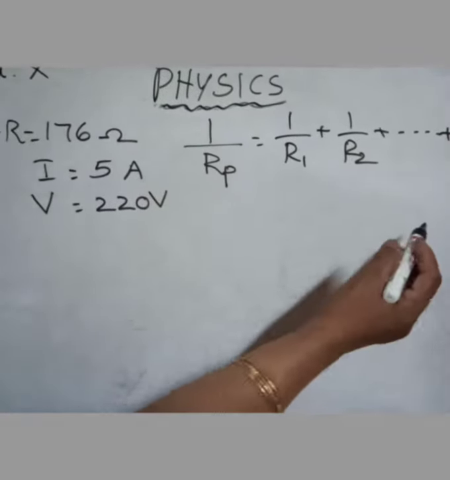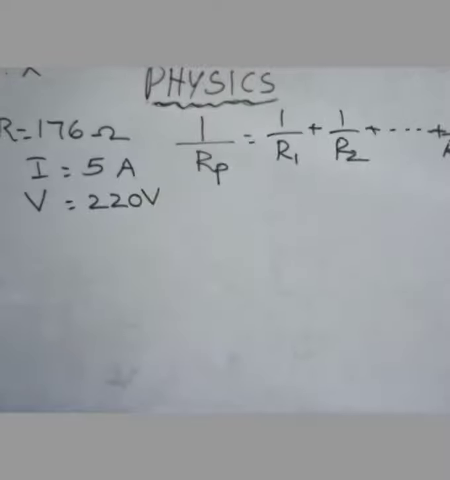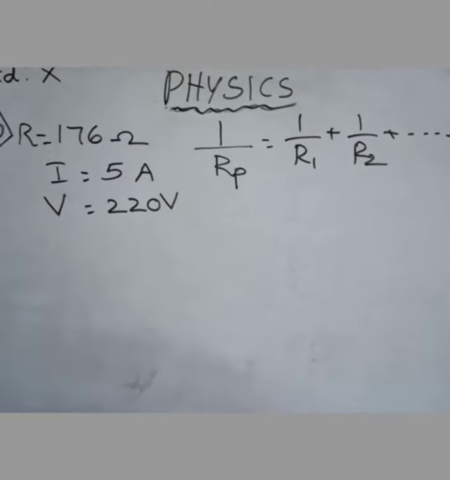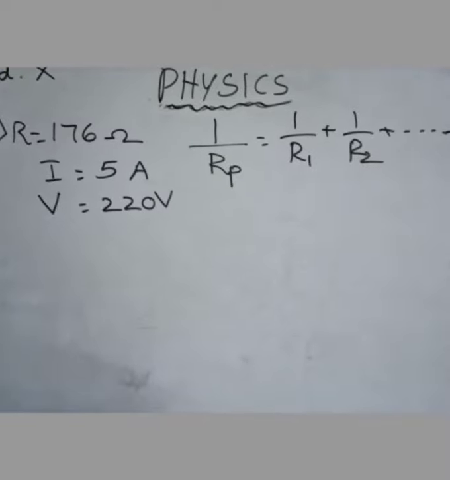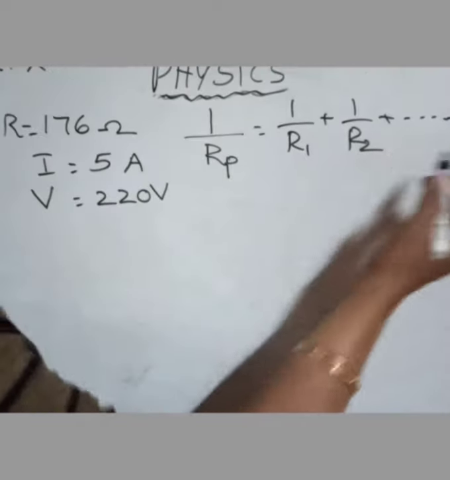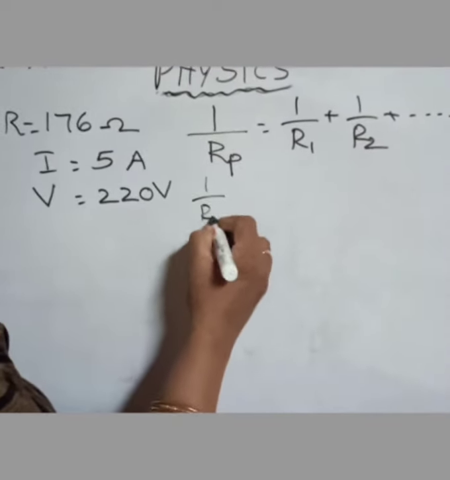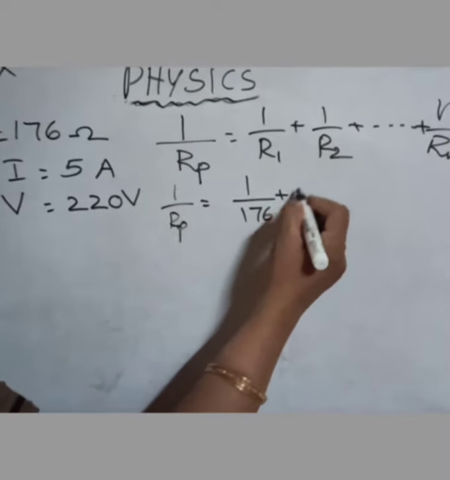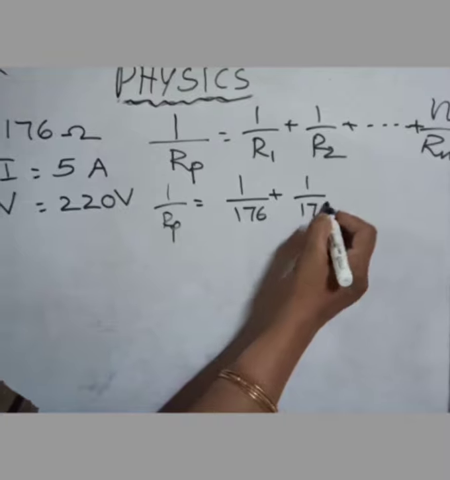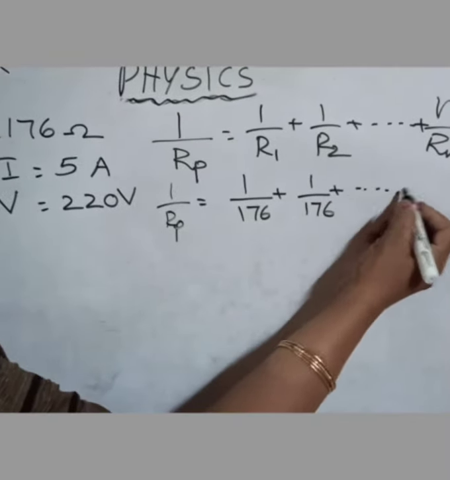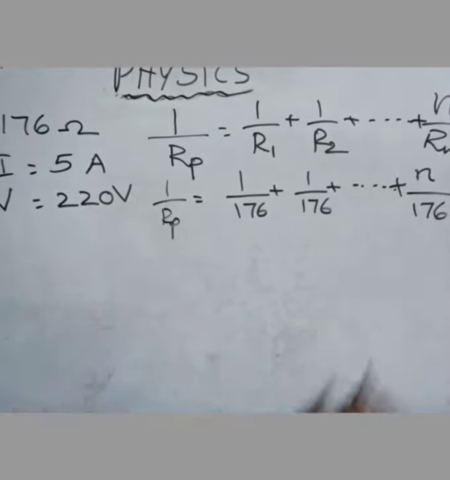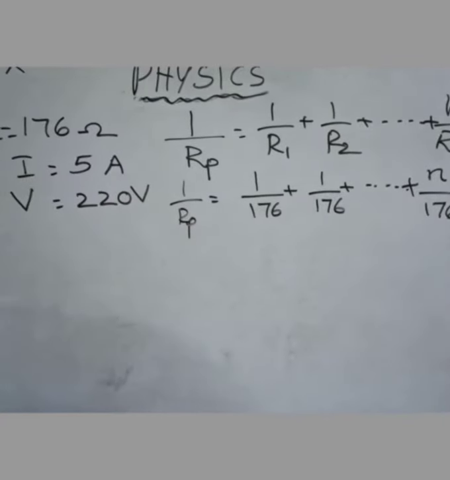We don't know how many resistors are connected in parallel, so we can take it as N. Here R1, R2, R3: 1 by Rp is equal to 1 by 176 plus 1 by 176 plus, up to N terms.